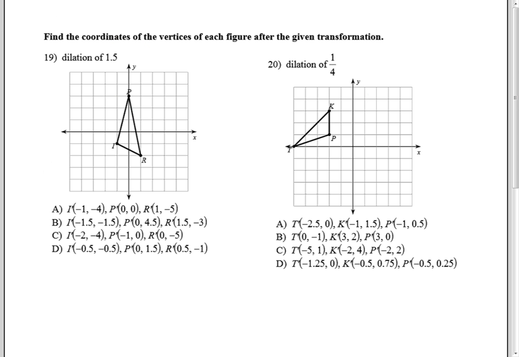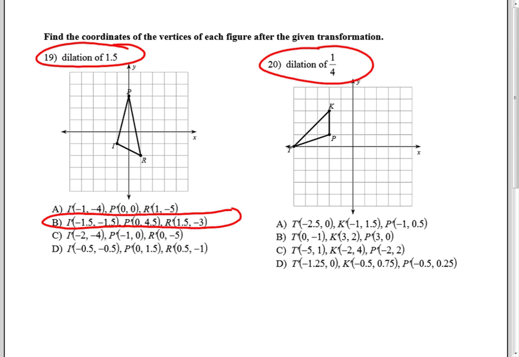And last two. After a dilation of 1.5, the object should get bigger. After a dilation of 1/4, the object should get smaller. We should have B. And you should have D. Any questions while I've got these up?